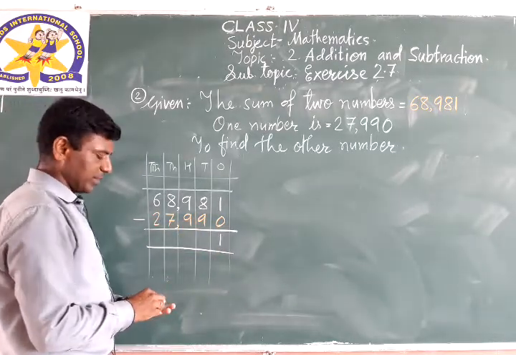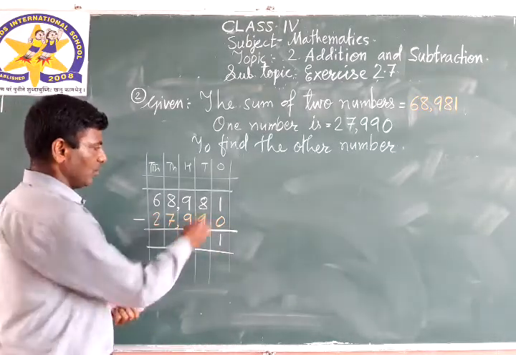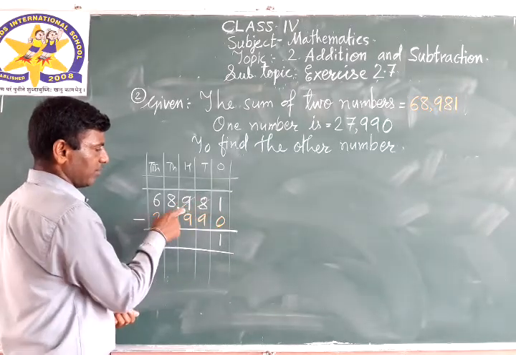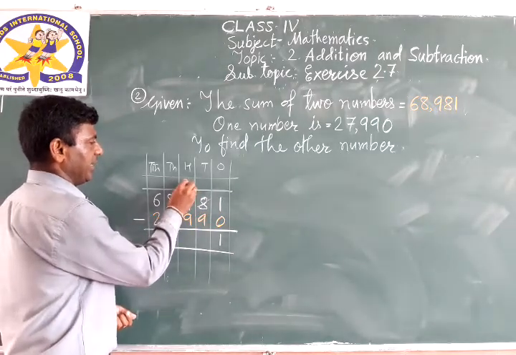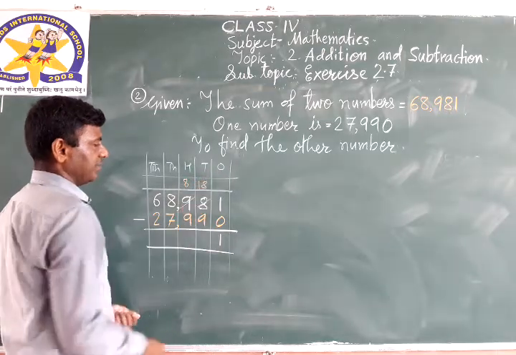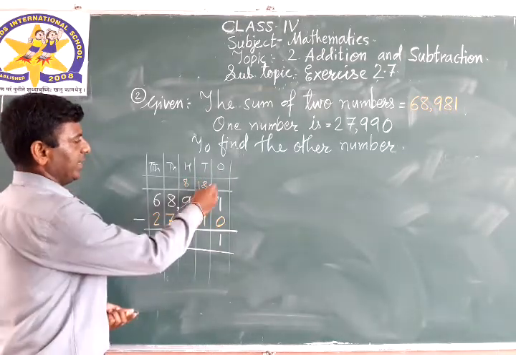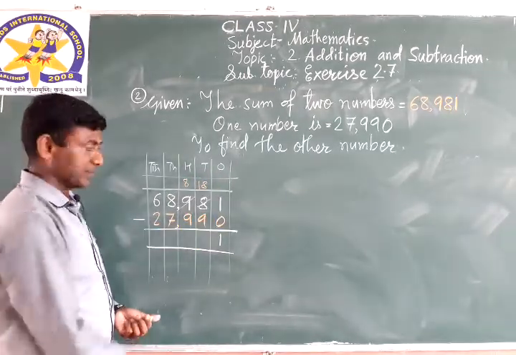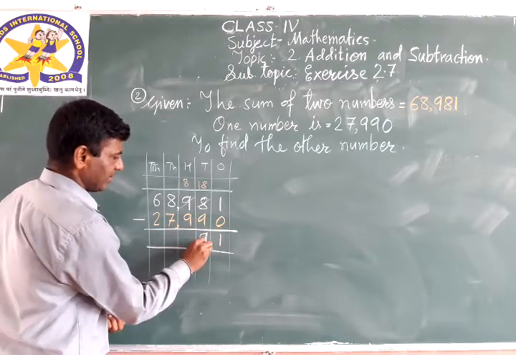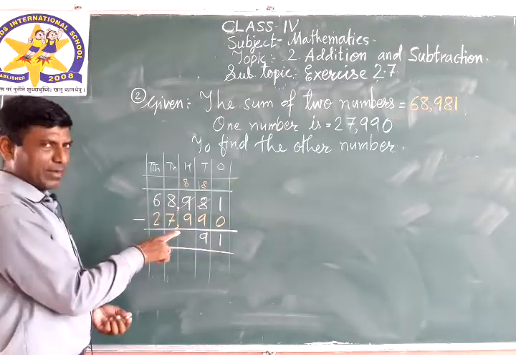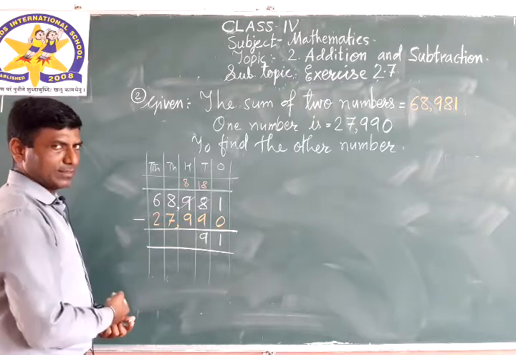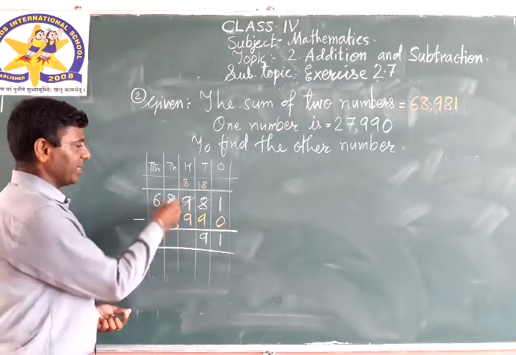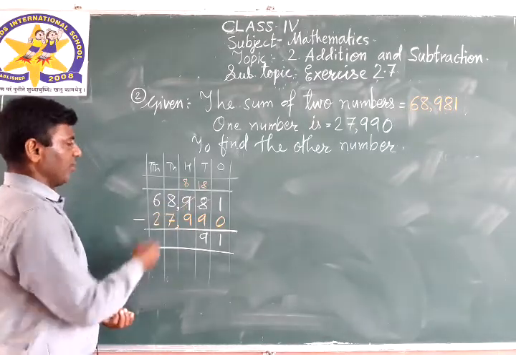8 minus 9 possible? No. What are we doing? We are borrowing from the neighbor. 9 becomes 8. This 8 becomes 18. Now 18 minus 9. Yes, 9 twos are 18. So 9 here. 8 minus 9, no. So again borrow from this 8.